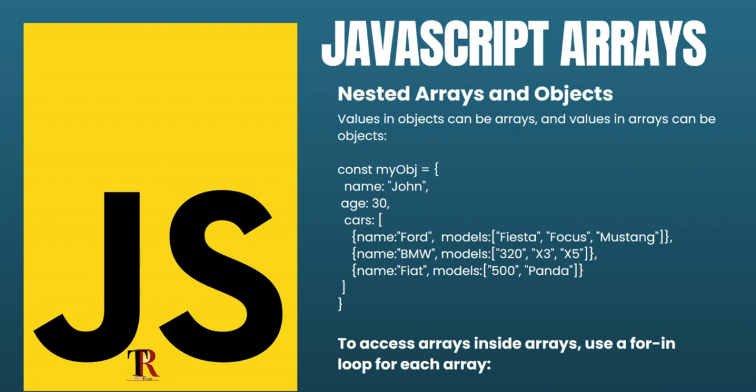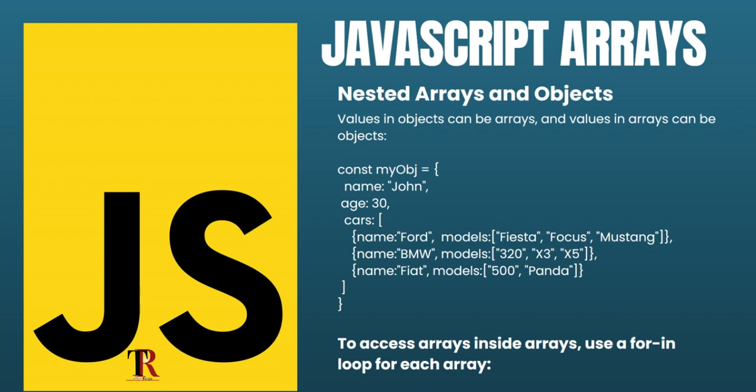Now there's an example right here on my screen, which is my object. It's named myObject, and you can see that inside that object we have a named index, name and John. Don't forget that objects use named indexes.